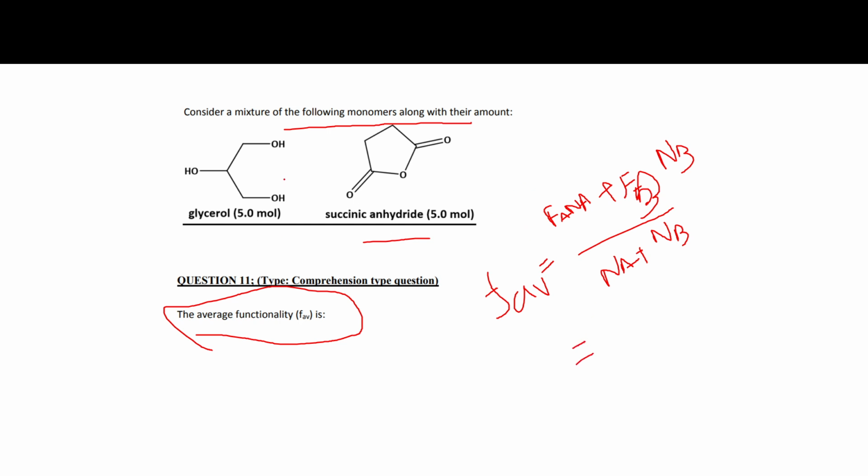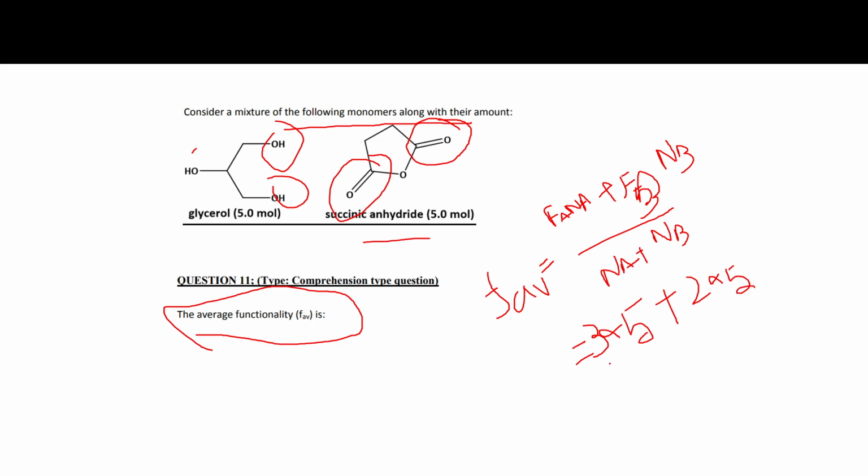In the first case, glycerol, how many functional groups are present? 3 functional groups, so the functionality of this molecule is 3. So the first term will be 3 into 5 moles, so 3 into 5, plus the next one, the number of functional groups involved. There will be 2 functional groups, since succinic anhydride means 2 acid groups which are condensed here. So 2 into 5.